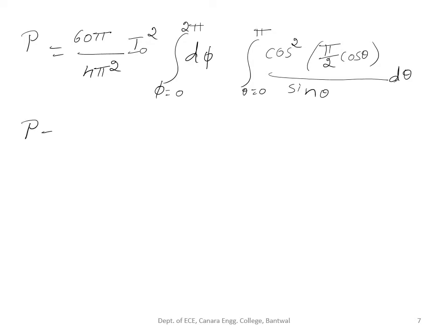Therefore, radiated power is equal to 15 I naught square divided by pi.